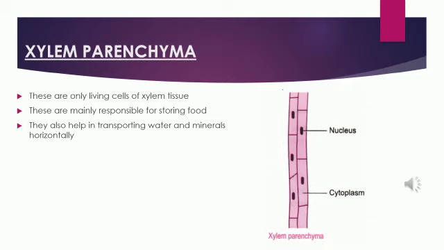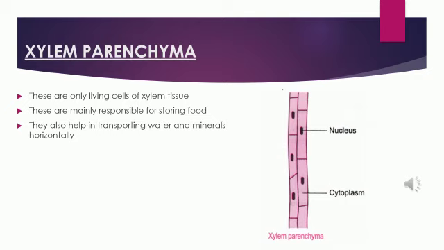Now let us study about xylem parenchyma. These are the only living cells of xylem tissue. These are mainly responsible for storing food. You can see in a picture how xylem parenchyma looks like. It has a cytoplasm and nucleus, and these are living cells.